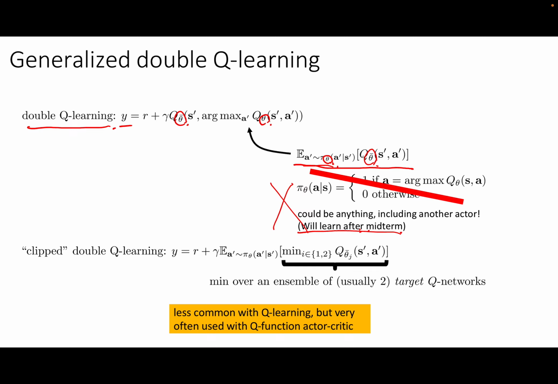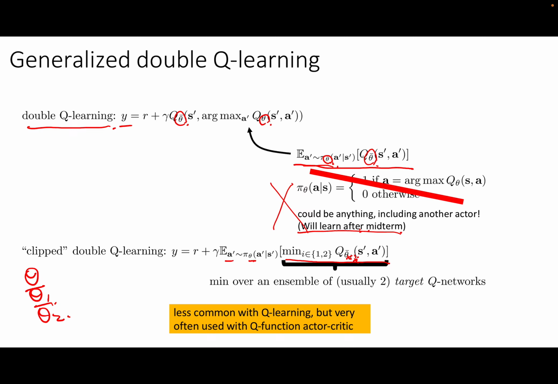Of course, we can introduce two networks, like theta 1 and theta 2, where we take a minimum of Q theta 1 bar and Q theta 2 bar, where the action is still from theta.